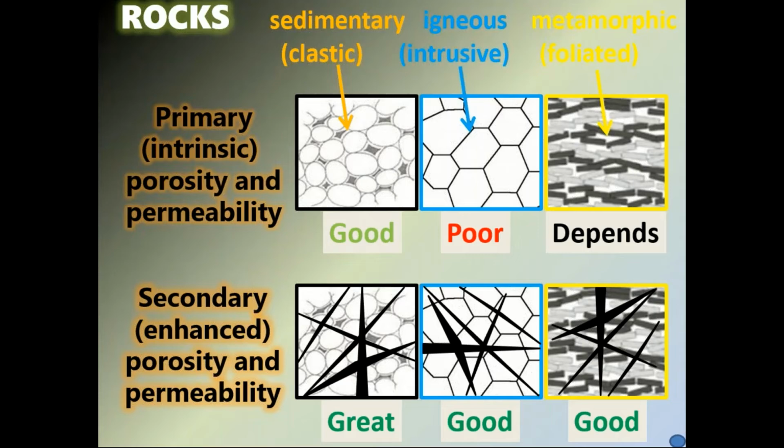An earthquake is a result of stresses on these rocks, but once you break these rocks up or fracture them in a number of different ways, those fractures are then open spaces themselves that can accommodate water where the unfractured precursor might not have been able to. So this is called enhanced or secondary porosity and permeability.